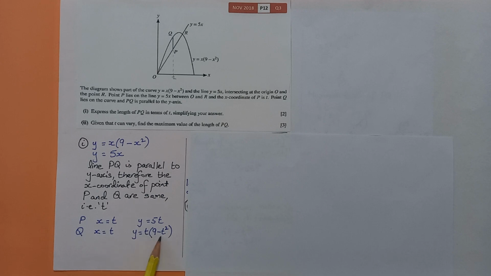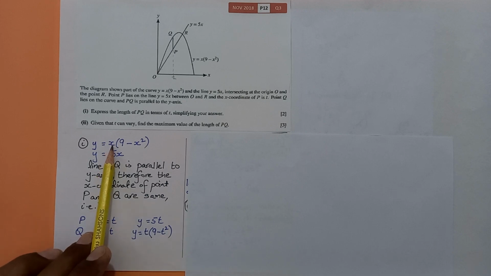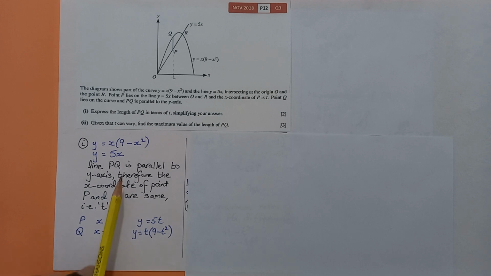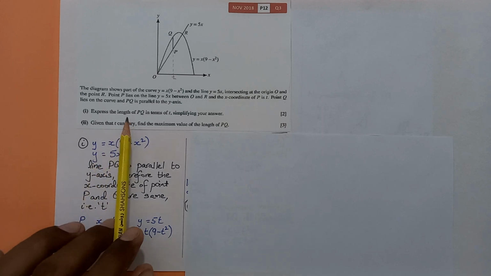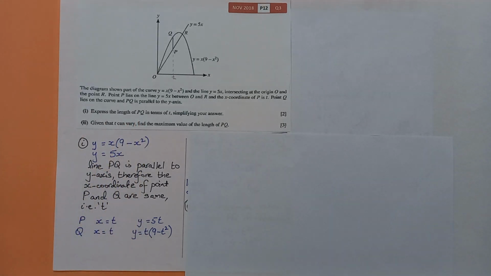So instead of x, just place t, because the x coordinate of point Q is t. Finally we have the coordinates of P and Q, and we need to find the length of PQ. We will use the distance formula.